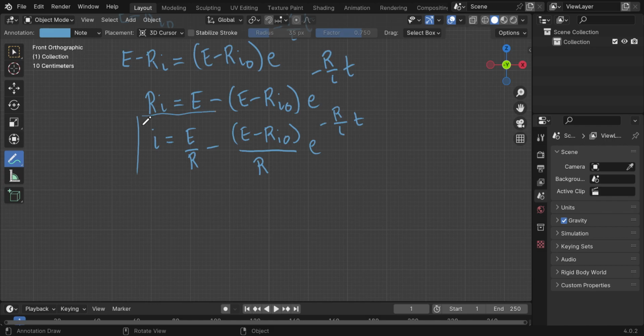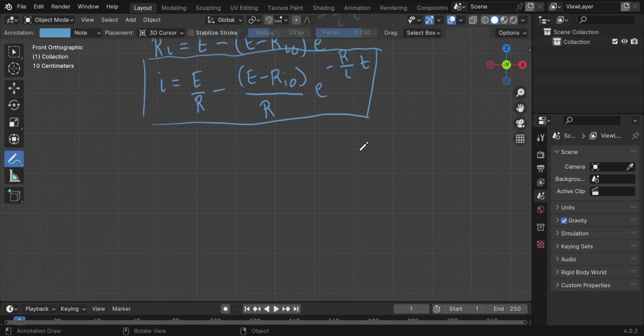So that is what I claim is the solution to the problem. But of course I want to check that. So first thing I want to do is take the derivative in terms of t, and what do we get? Well, this on the left is just a constant, so this is just a constant times e to a constant times t.